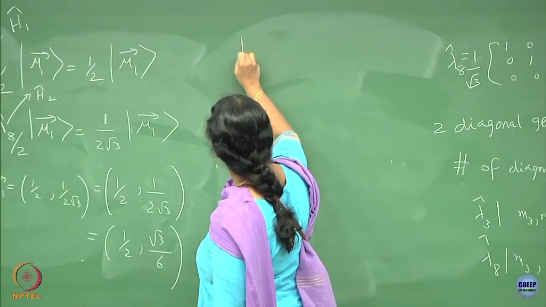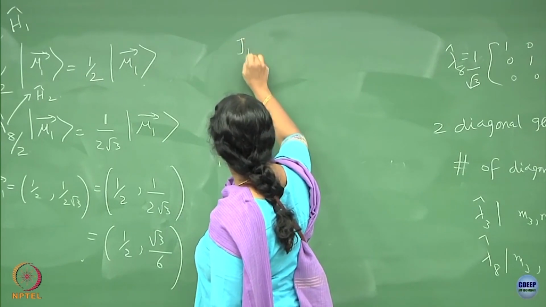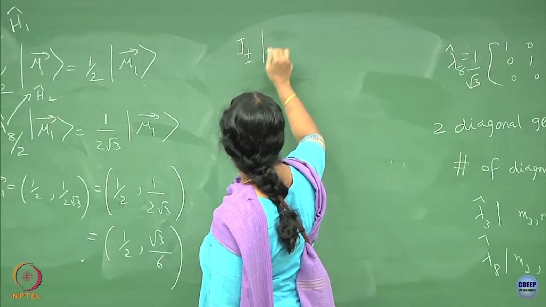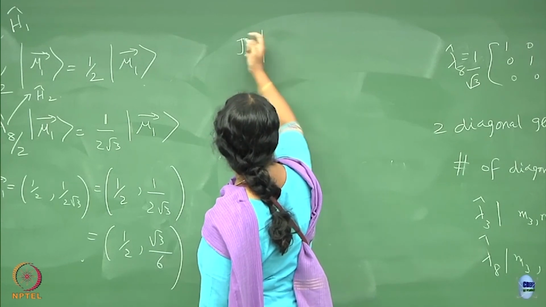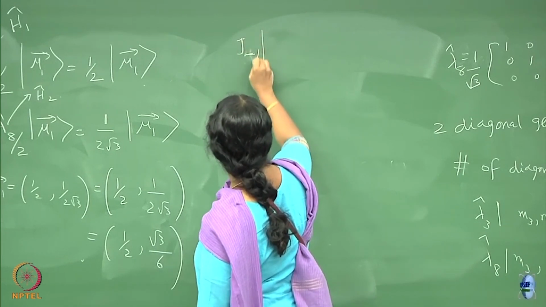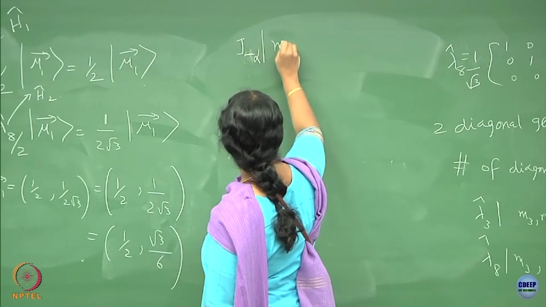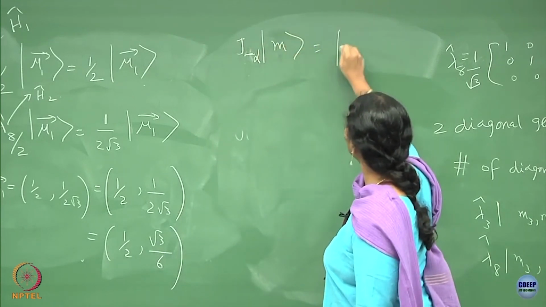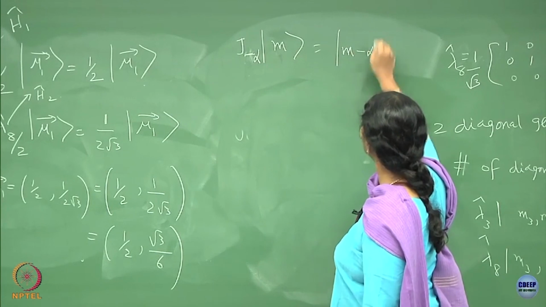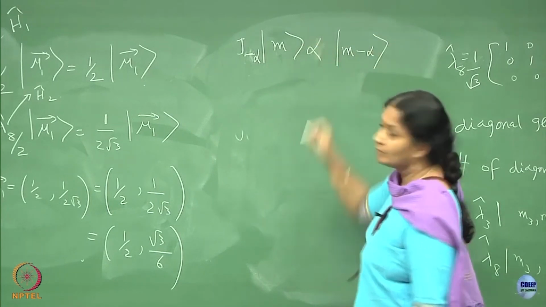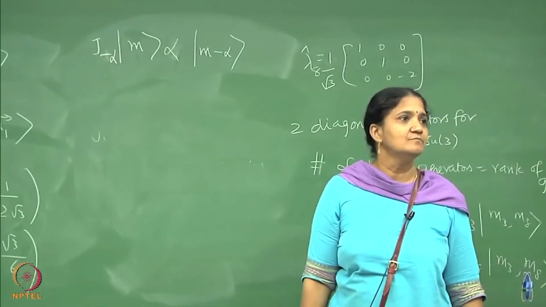So if you have J plus minus on, let me do J minus alpha on m will give you m minus alpha. Is that clear?